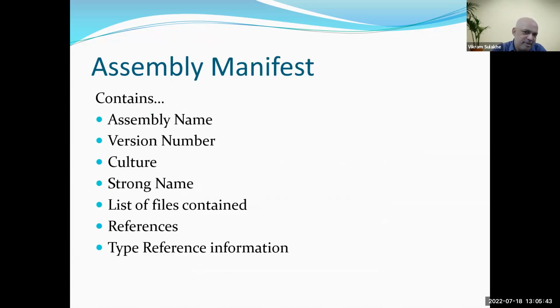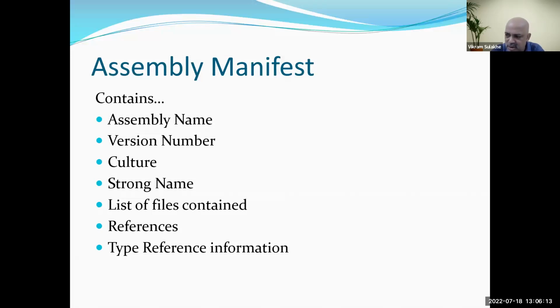So what goes into the manifest? Details like name of the assembly, the version number of the assembly, all right? The culture here is used for creating multilingual assemblies. So you can have different cultures for an assembly. Like, let's say, maybe English-US, all right?